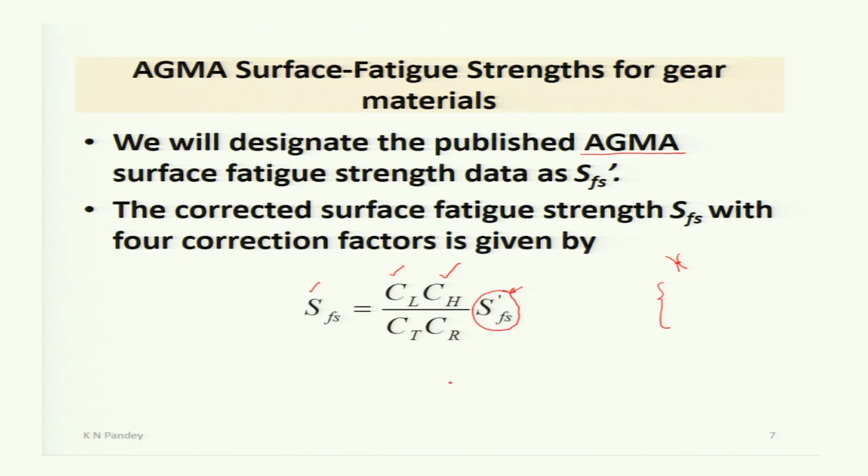In the case of bending fatigue, this hardness correction factor was not there. As we are studying contact stresses, the hardness of the surface of the pinion and gear will be an important thing, and therefore this hardness correction factor is used in the case of determination of surface fatigue strength.